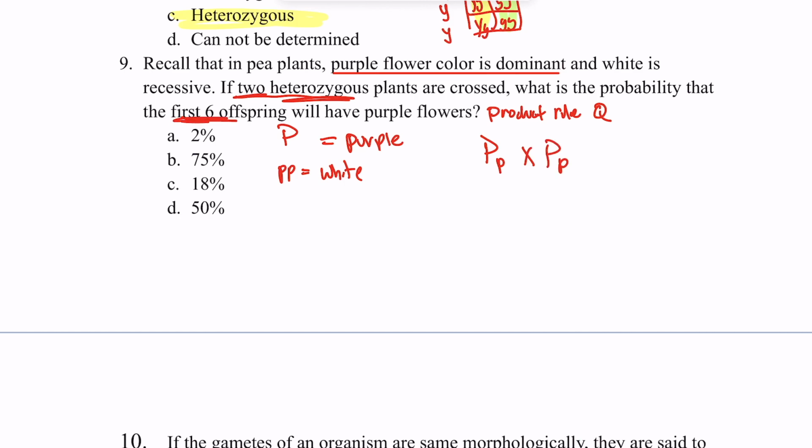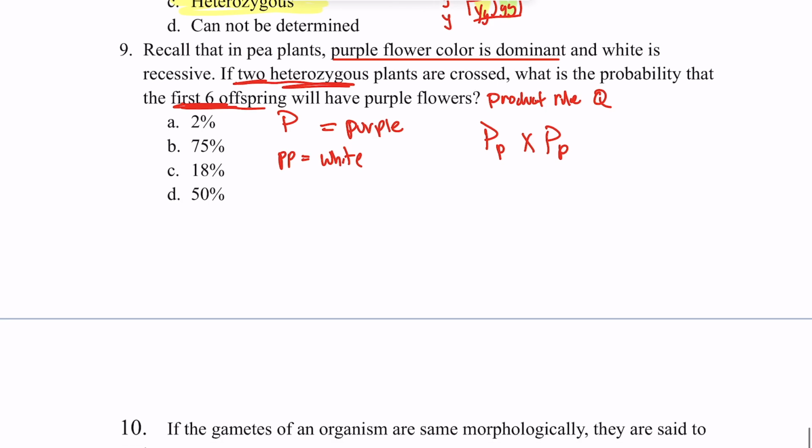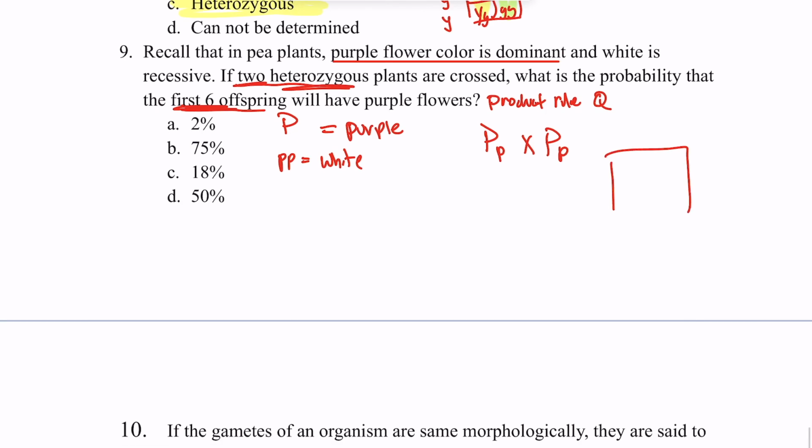So for product rule, this works when there are independent events. And in this case, having different offspring is its own independent event. So let's do a little Punnett square. Big P, little p, big P, little p. So we get big P big P, big P little p, big P little p, and little p little p. So we're asking, what is the probability the first 6 offspring will have purple flowers?